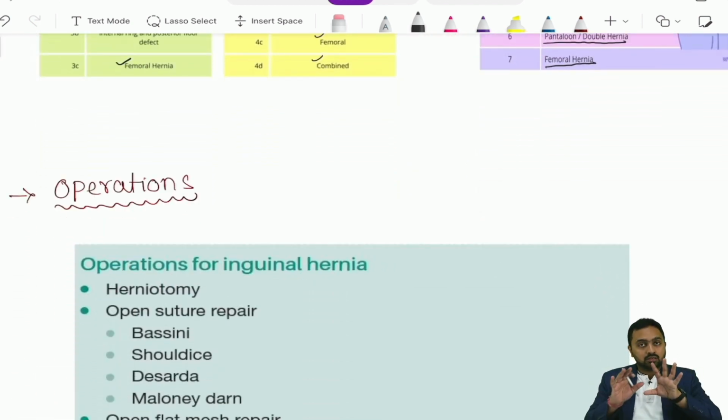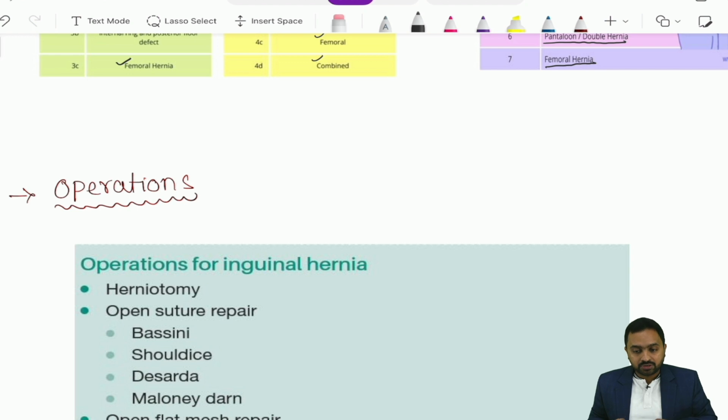So, again, the symptoms would be presenting you with a swelling or the pain in the groin region, and it is a clinical diagnosis mainly, and you do an ultrasonography when you suspect features of your LUTS and in case of your irreducible hernia, but in general your hernia is a clinical diagnosis.